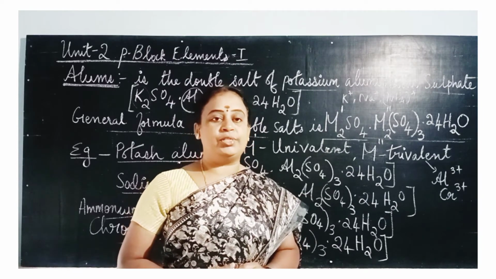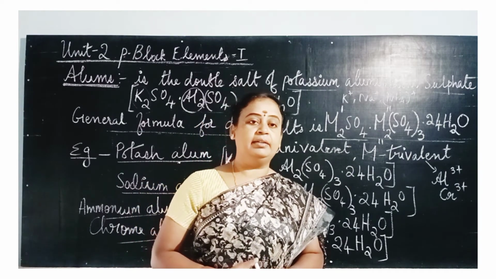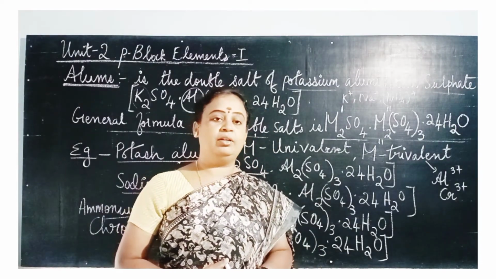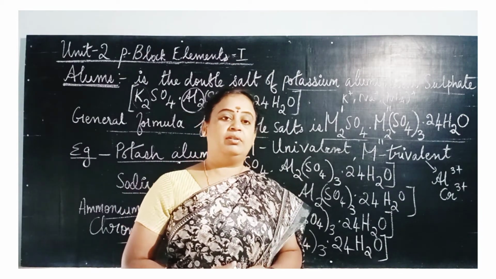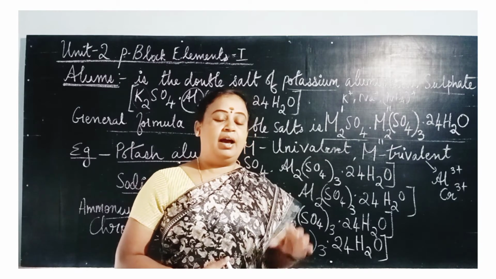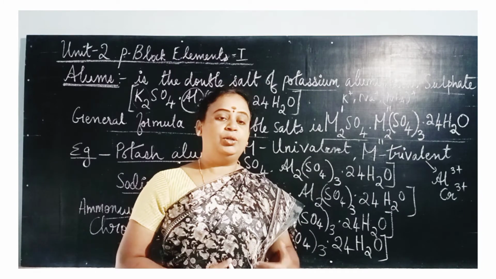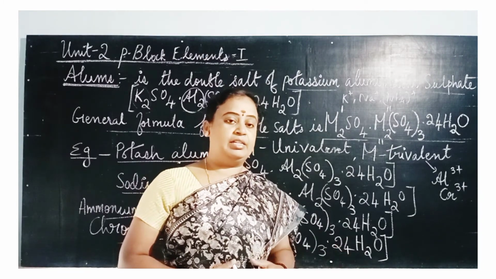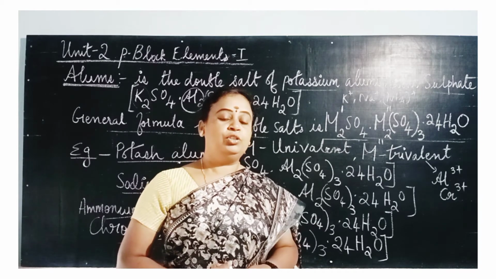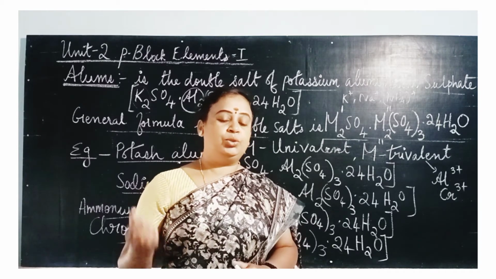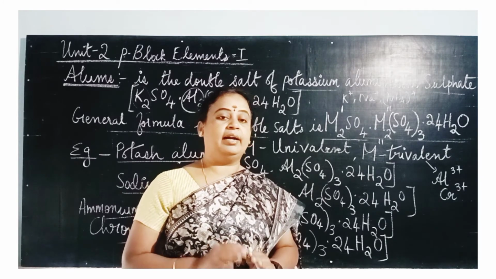Alum is also used in the textile industry, in dyeing, in tanning leather, and as waterproofing. Alum is used as a mordant. Why is it used as a mordant? Because alum is used to fix the dye or color to the fabric in the textile industry, or to the leather in the tanning industry, so that the color will be retained.